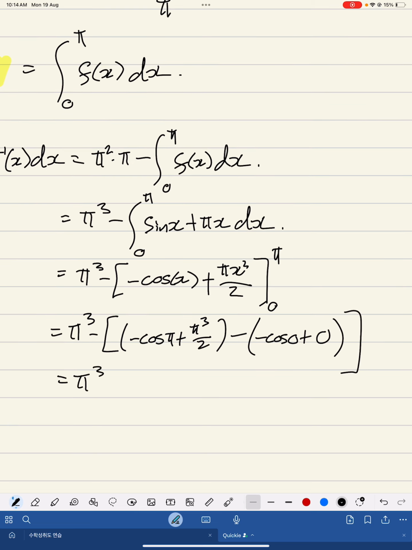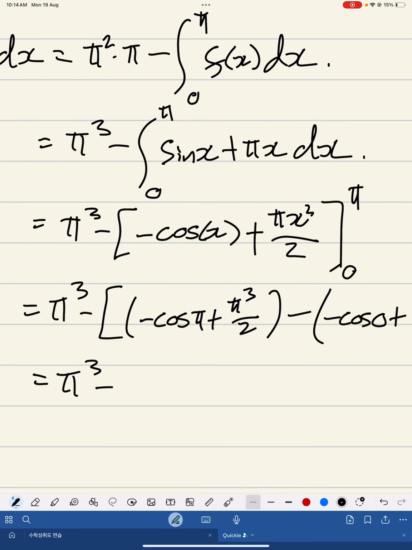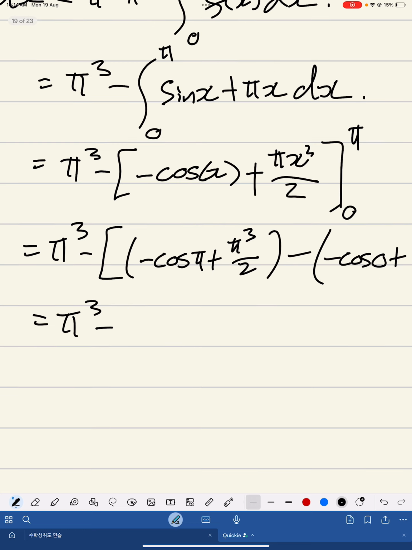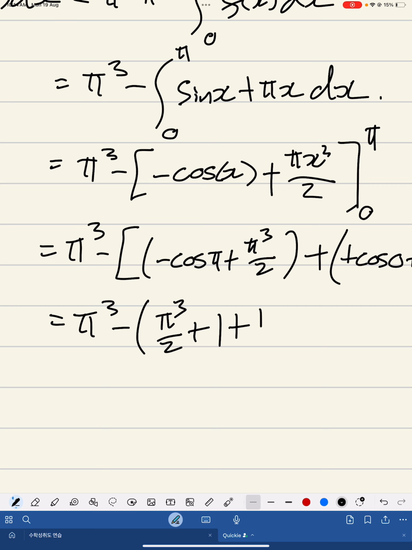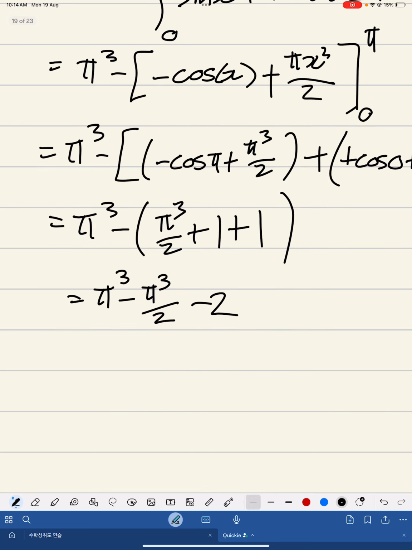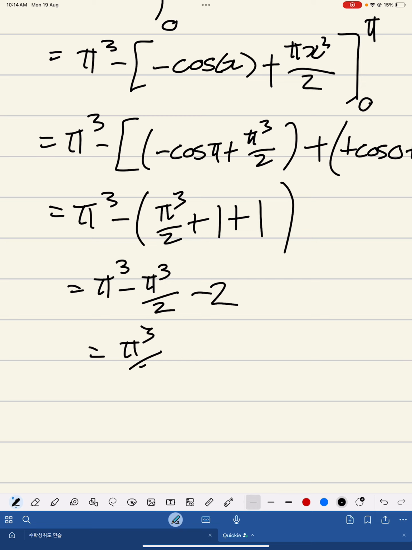This is pi cubed minus, the left part is cosine of pi equals minus 1, so that's pi cubed over 2 plus 1, and cosine of 0 is 1, so this is plus 1, so that's plus 2, right? So this is basically pi cubed minus pi cubed over 2 minus 2. Therefore, this is just pi cubed over 2 minus 2.